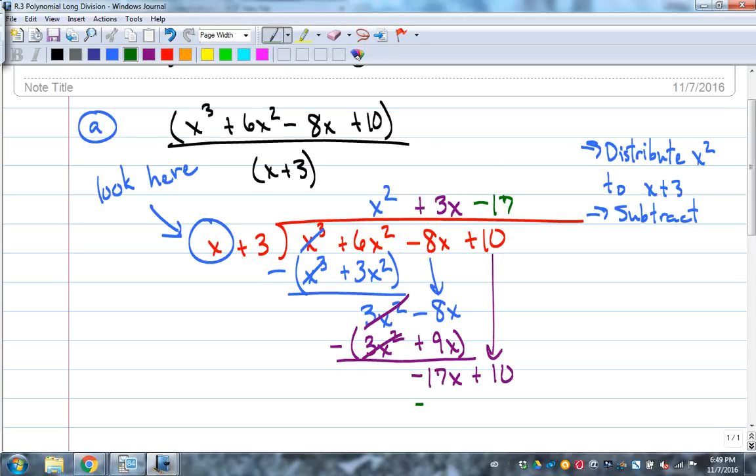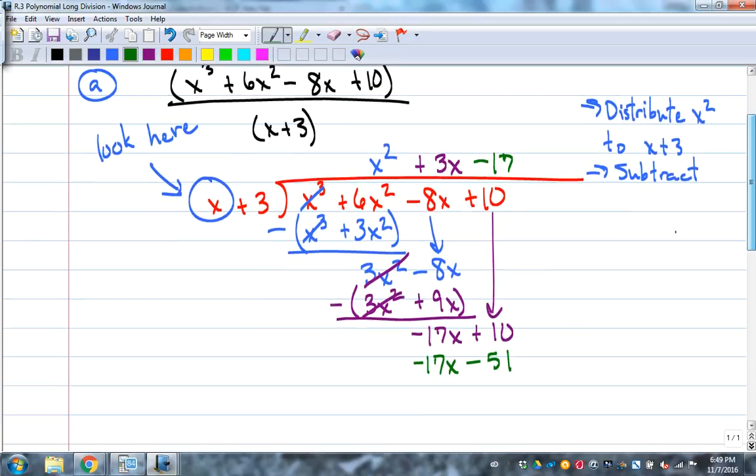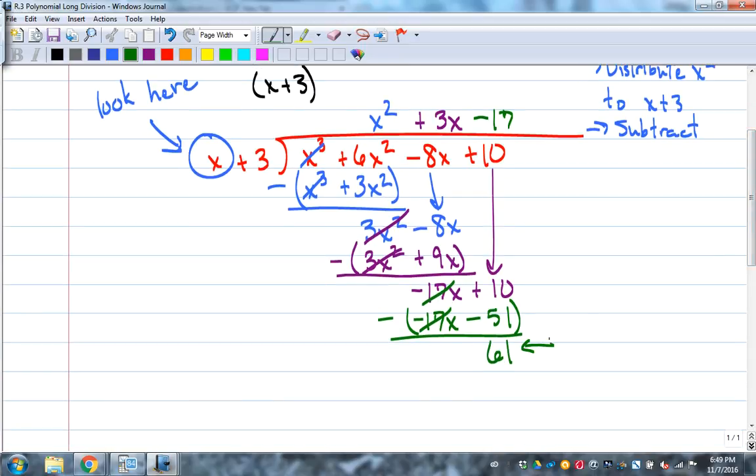So negative 17x, negative 51, parentheses, subtract. Negative 17x minus negative 17x cancels out. That's good, that means we did it right. 10 minus negative 51 is 61. That is my remainder.